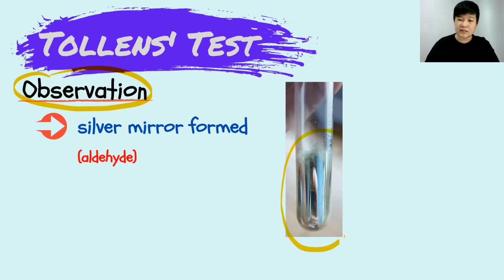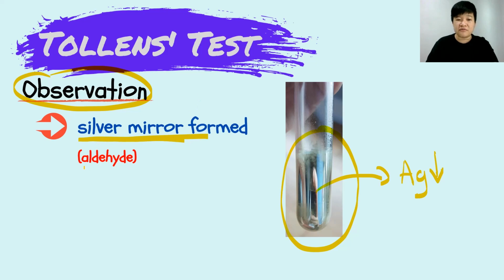The silver mirror that you form will be coating the test tube or any of the flask that you use, and you form a very nice silver mirror over here. And the silver that you form is actually pure silver precipitate. And bear in mind, for the Tollens Test, this silver mirror will be formed only for aldehyde because your Tollens Test is only positive for aldehyde.